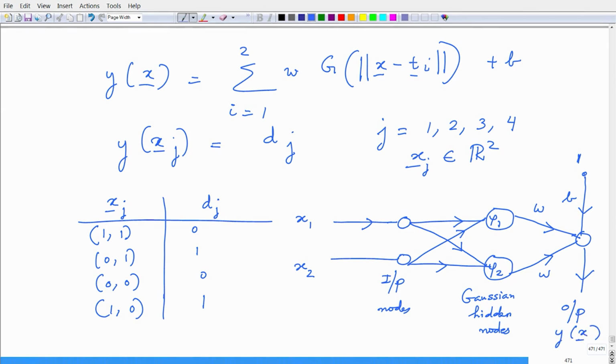Now, I have everything defined here. I know what my dj's are, my unknowns are W and B that I need to solve, and I can evaluate this Gaussian unit as a function of my data points x, given that I know what the ti's are for i equals 1 and 2. So, i goes from 1 to 2 and j goes from 1 to 4, right.